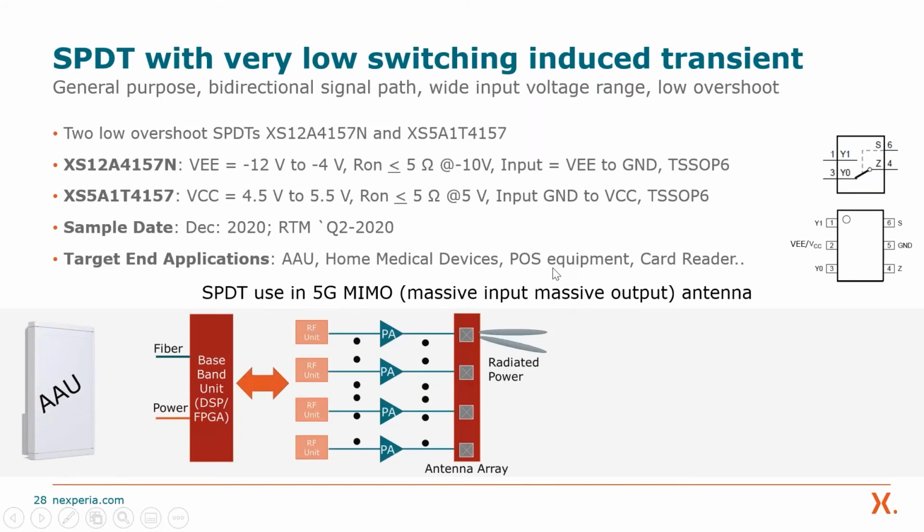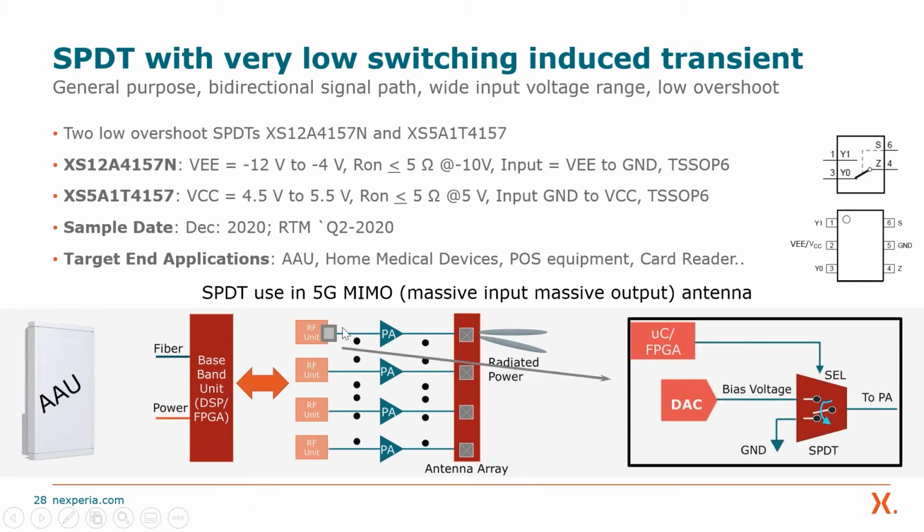And I'm going to just show an example here of an active antenna unit which uses such a low switching transient switch. As you know, 5G antennas have an array of antennas. It's not one antenna only, and each of these antennas is powered by its own power amplifier and RF unit. And the switches are used here to power the power amplifier.